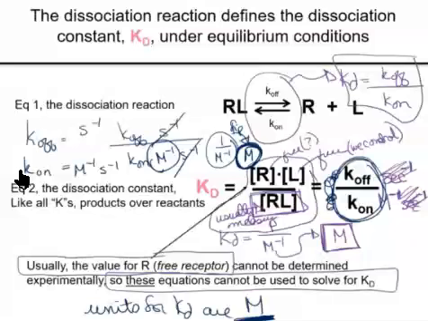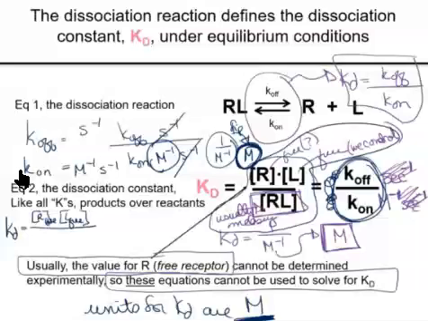Let me rewrite this because it's getting very messy. We can express Kd in terms of the concentration of free receptor times the concentration of free ligand divided by receptor ligand. This is easier to use, right? This is what we use most times in the lab.